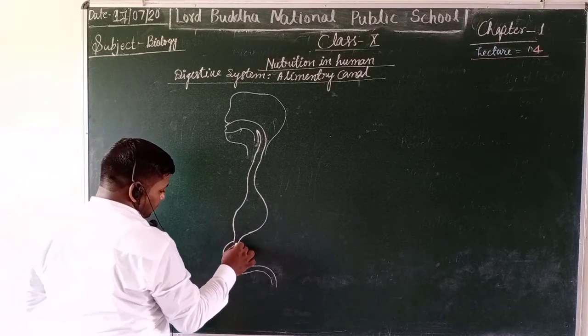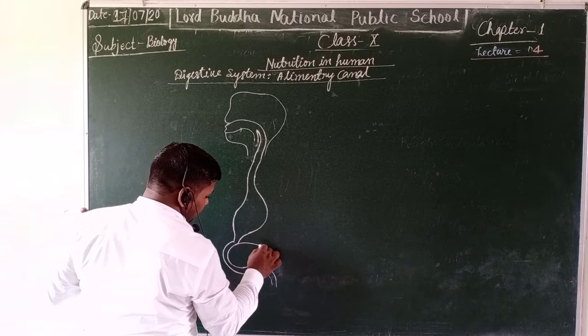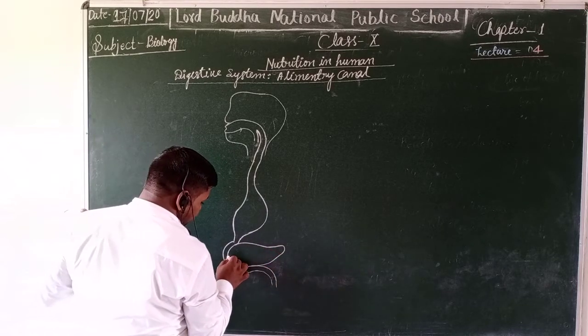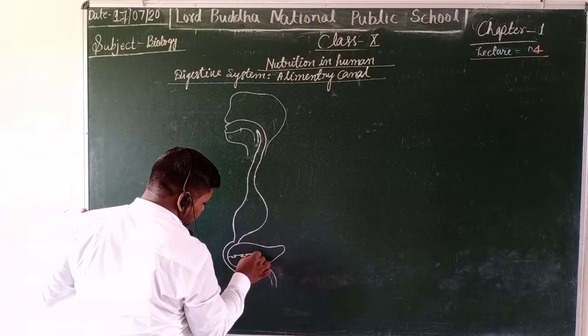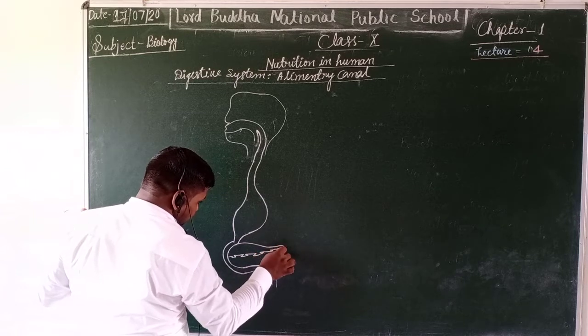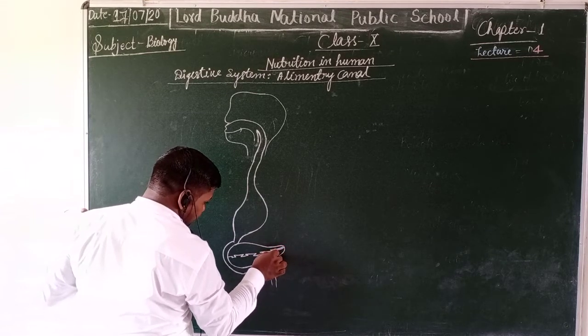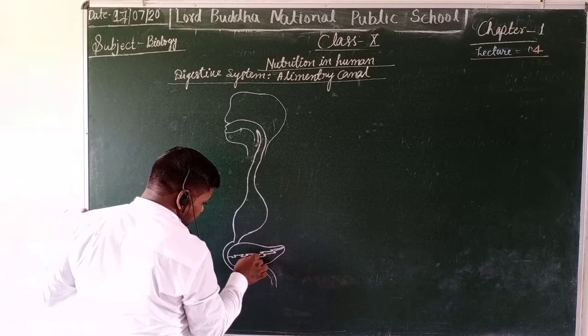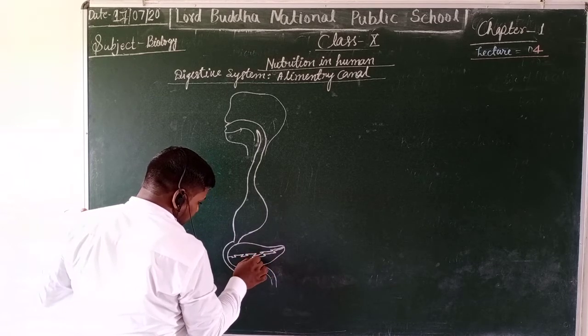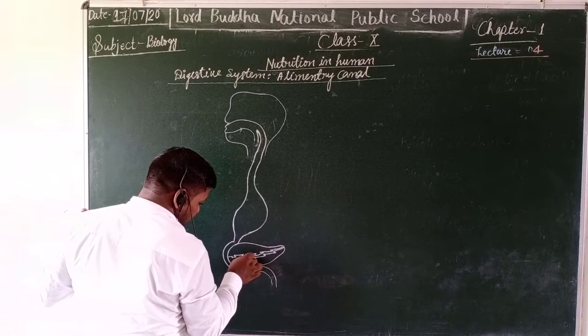Just above the duodenum, a leaf-like structure is present, known as the pancreas.